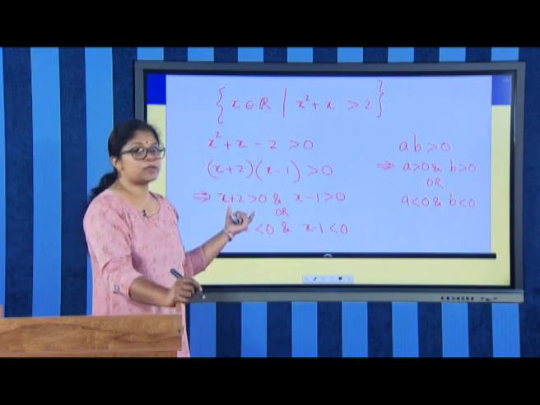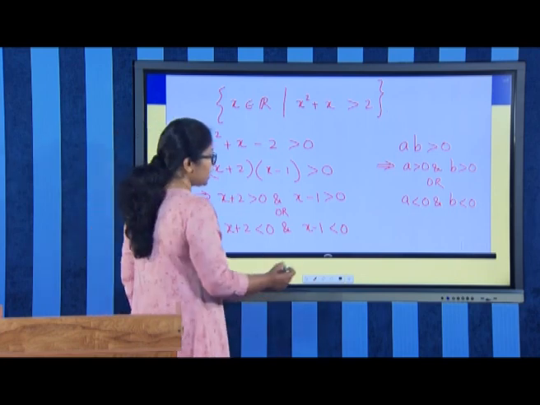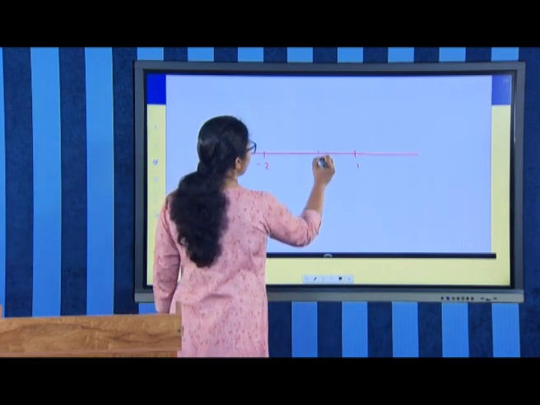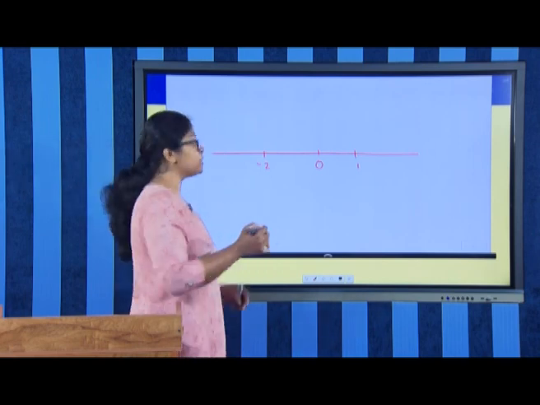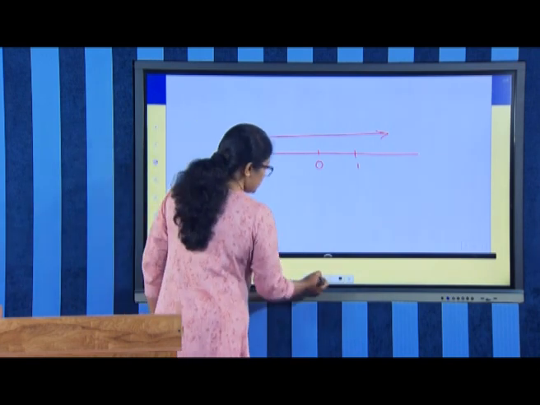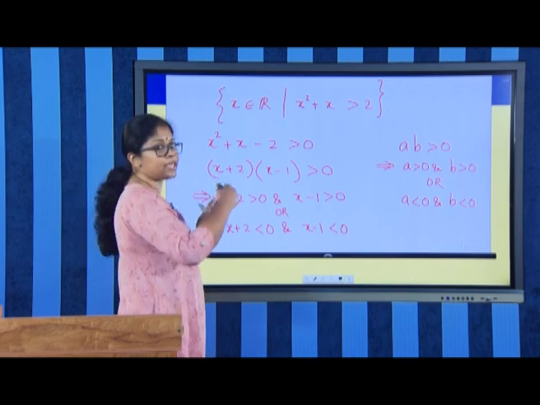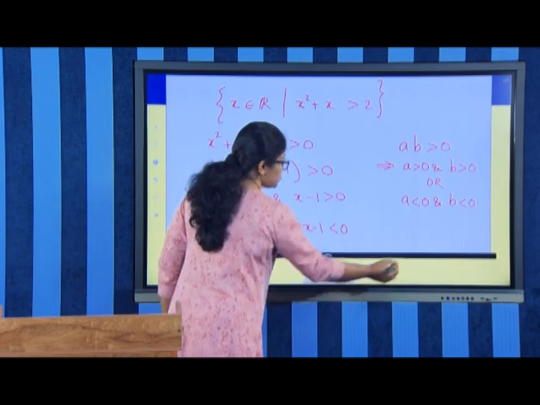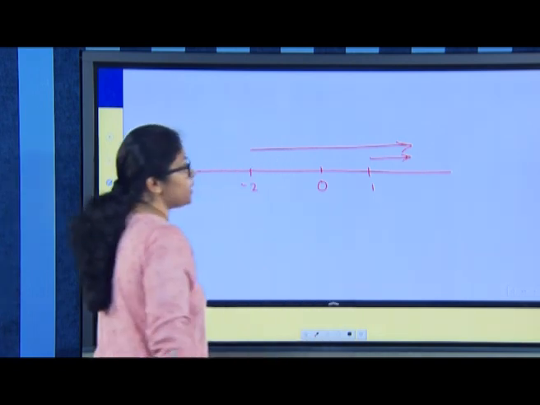So, we draw negative 2 and 1 here, and somewhere here you have your 0. x plus 2 is positive means x is greater than negative 2. That is the first condition. And x minus 1 positive means x is greater than 1, towards this side.